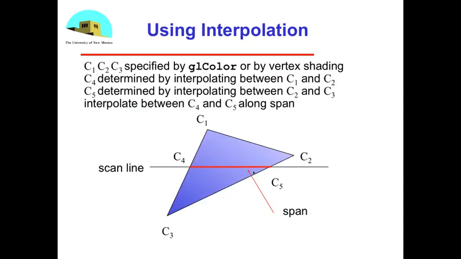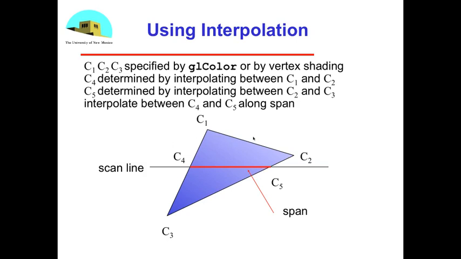If you start looking at interpolation, here's sort of how you would get the scan line and how you would find the edges from this. You can interpolate between 2 edges to get this point C4, and obviously interpolate between C2 and C3 to get this C5, and then just interpolate across to get the fragment location.